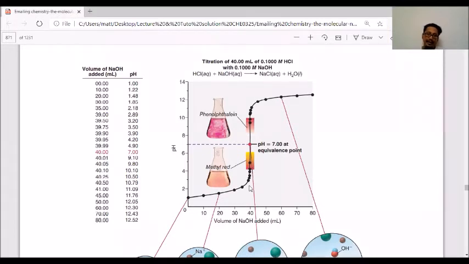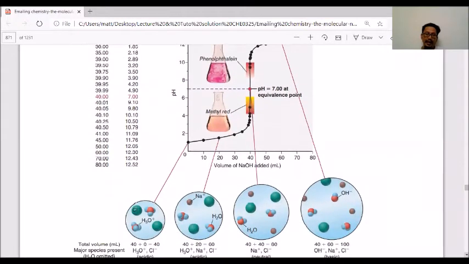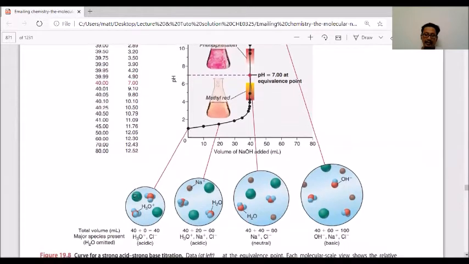Okay, alright. Then kita, if you look at the titration curve, kalau kita nak go in detail making analysis on this titration curve, right? Kita tengok. Okay, at the beginning solely hydrochloric acid in the beaker, right? So what's present in the beaker? Okay, of course HCl dissolved in water. So what you have is hydronium ion and chloride ion lah.